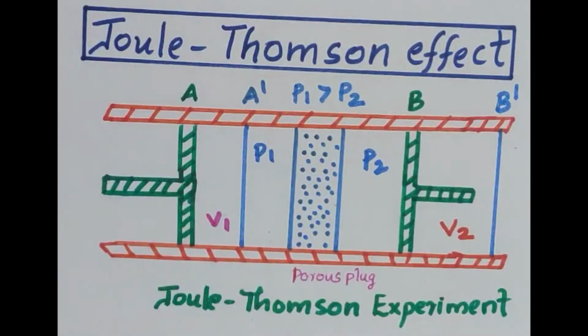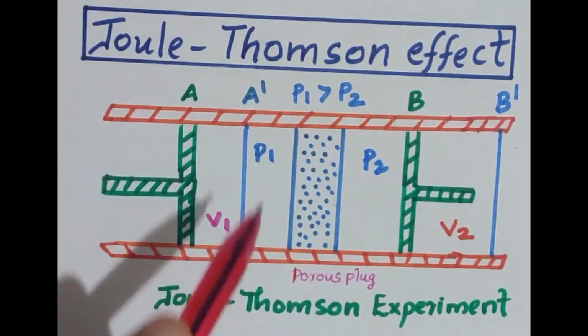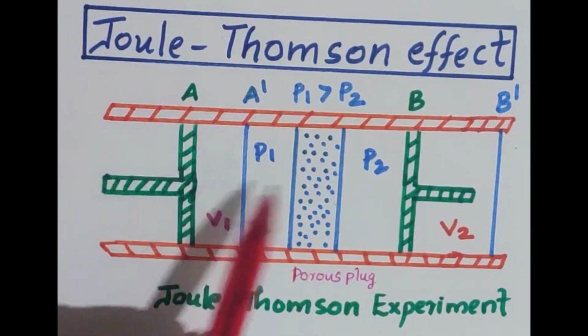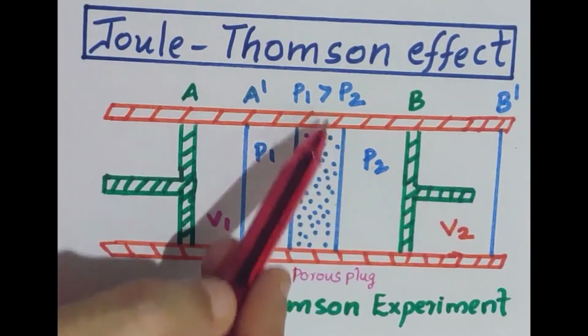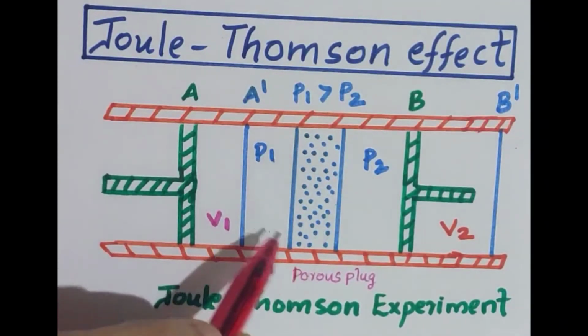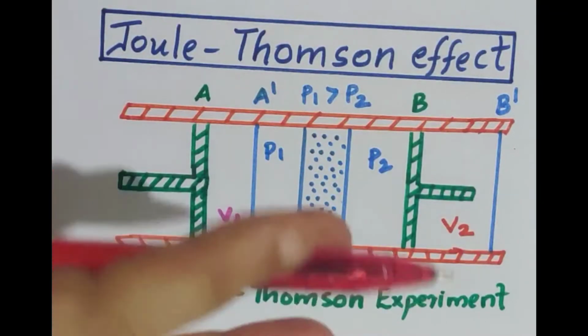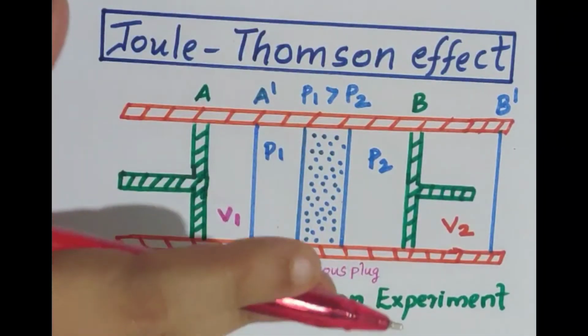Here we can see the Joule-Thomson experiment setup. That is, when a gas expands from a high pressure to a lower pressure through a small porous plug, that means through a hole. This material is made up of so many holes, that is the porous plug.